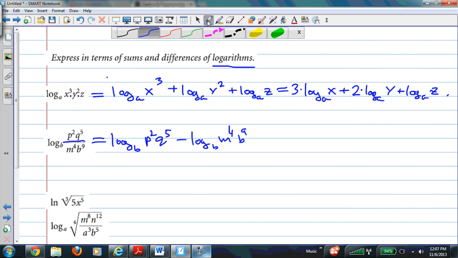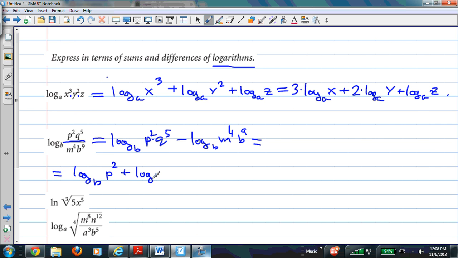Now, I can take it further. The first logarithm is a product. It's a logarithm of a product, so I can apply the product rule to split it into log base b of p squared plus log base b of q to the power 5.